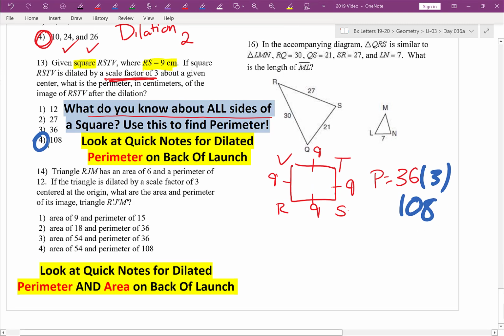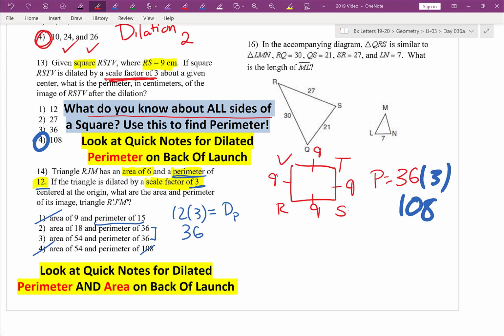All right, now in the next one, they give us 2 things. They give us an area of 6 and a perimeter of 12. And it's still a scale factor of 3. So I'm going to focus on the perimeter of 12 and the scale factor of 3. I know the dilated perimeter should be 36. So I see 15, that's clearly wrong. 36 and 36, those are potential answers. 108 is clearly wrong.